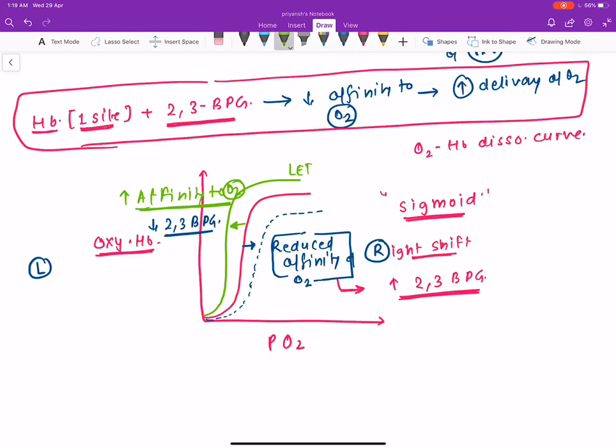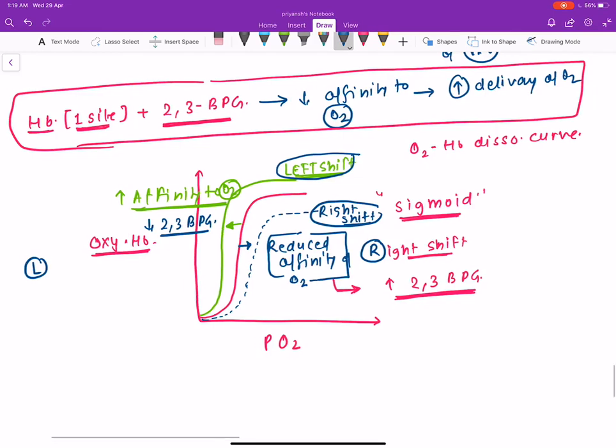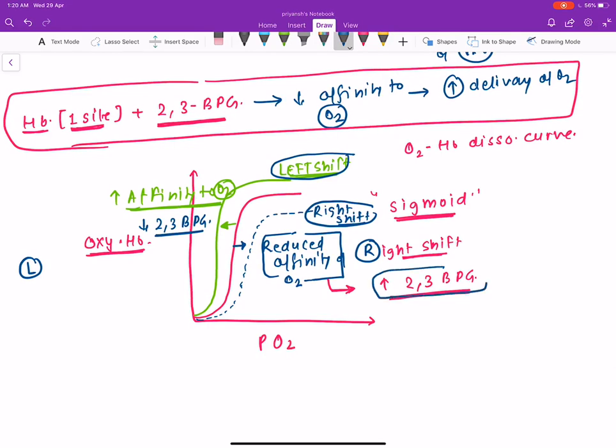This green color represents the left shift, whereas the blue color represents the right shift. If you have understood the entire concept, fine. If not, just remember a single fact: increased 2,3-BPG leads to a right shift, whereas decreased 2,3-BPG leads to increased affinity, represented by the left shift.